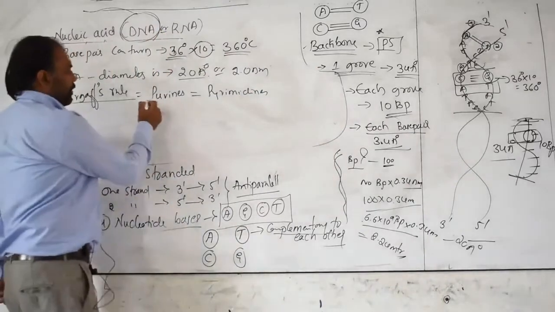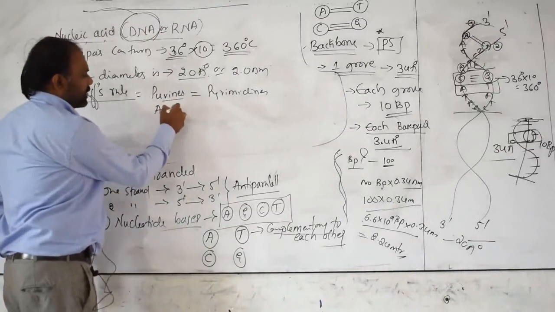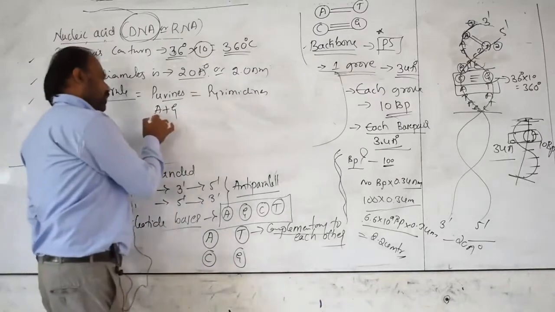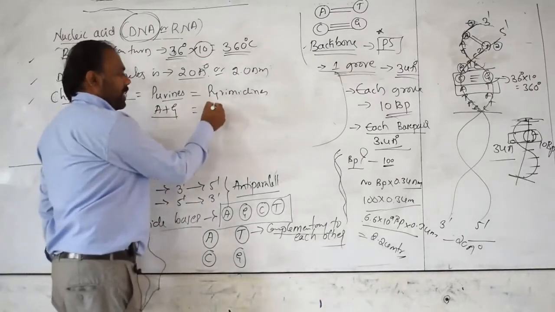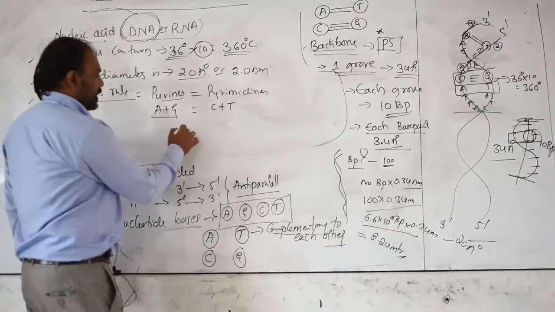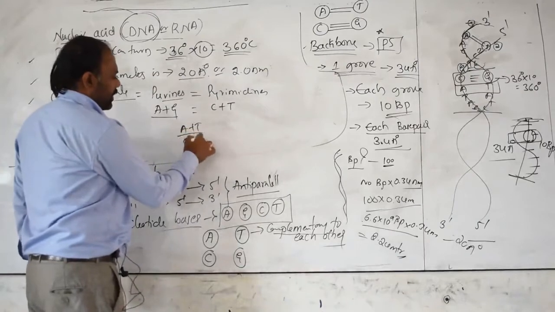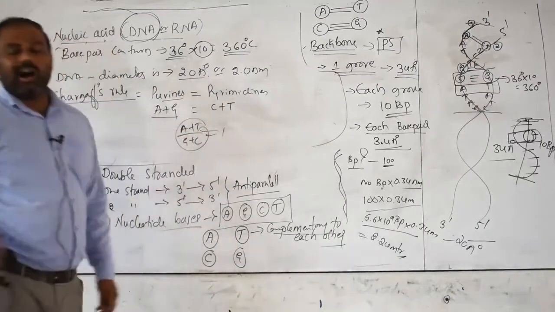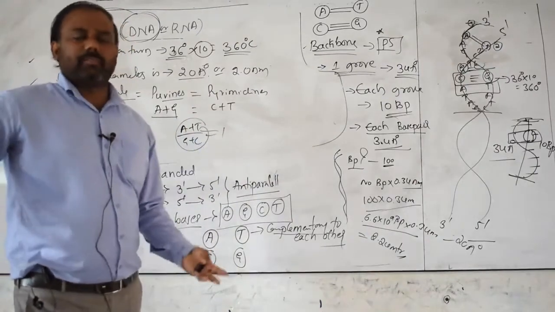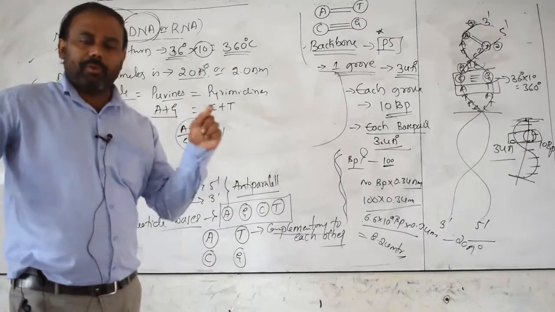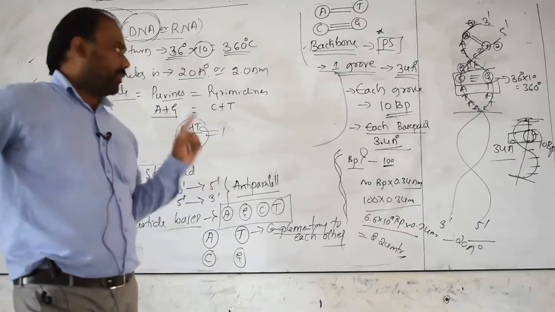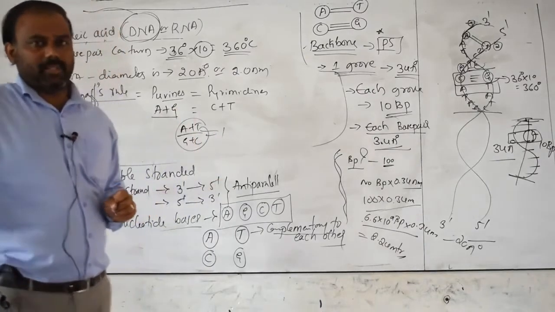Purines are A plus G, that is adenine and guanine, so A plus G is always equal to cytosine plus thymine. Yes or no? Nothing but A plus G divided by C plus T is always equal to 1, or always constant. This is Chargaff's rule. This is also one of the points included in nucleic acids.